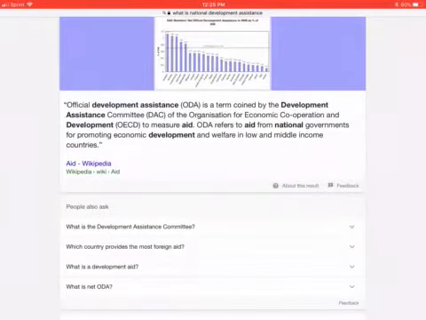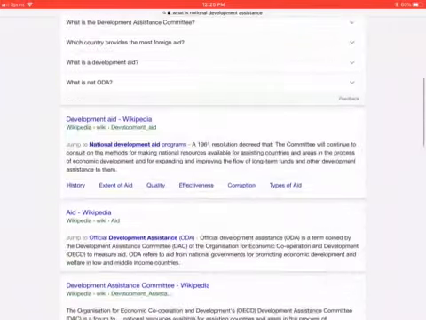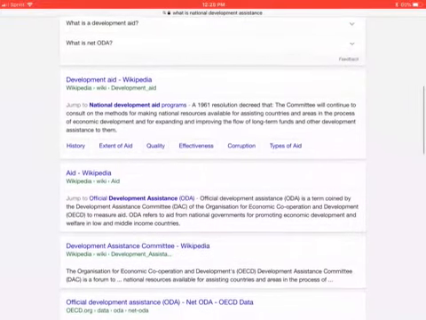So this is super important. It's a term coined by the Development Assistance Committee of the Organization for Economic Cooperation and Development to measure aid. So this is going to be huge because what you want to look at is places like this that define what that looks like, that define how we and others can help.